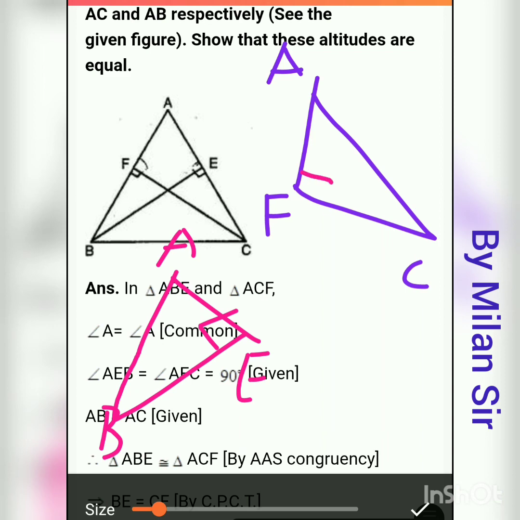Here one angle is 90 degrees, angle A is common, and AB is equal to AC. So by using the angle-side criteria, we can say that these two triangles are congruent, and from that, by using the rule of CPCT, we can say that altitudes BE and CF both are equal.